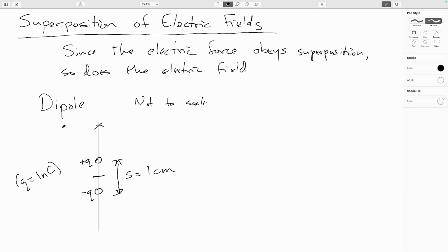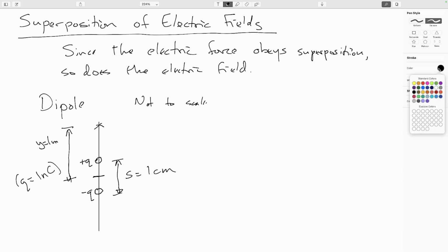Let's say that the distance from the center of the dipole to my point of interest is a meter. Again, perfectly reasonable if we're playing with little bits of styrofoam. What I would like to know is what is the electric field due to the dipole at this location.